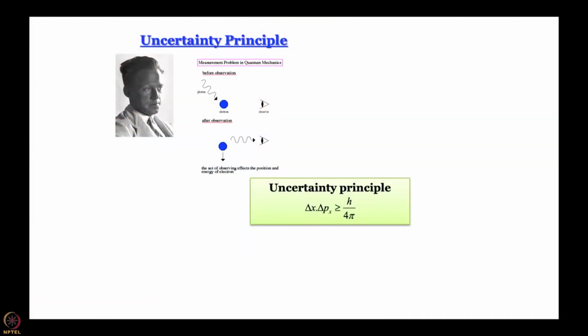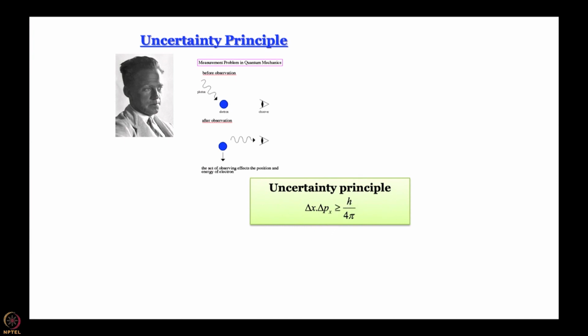The problem is that the uncertainty principle came, which said that you cannot determine conjugate properties like position and momentum simultaneously with any great accuracy.